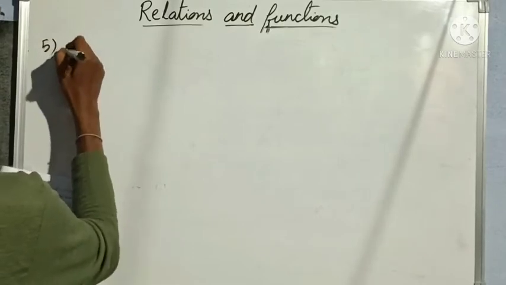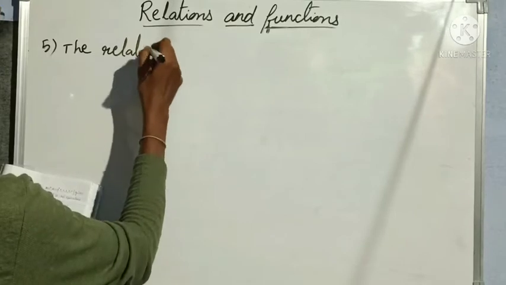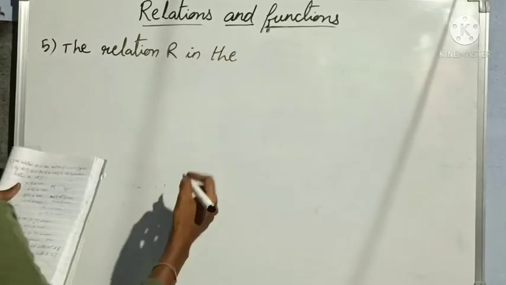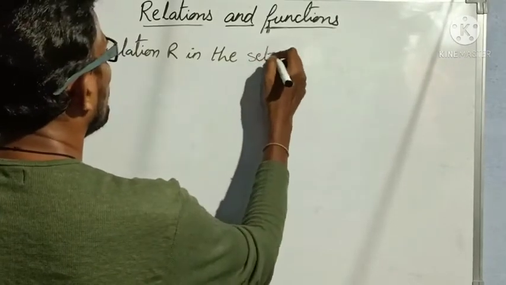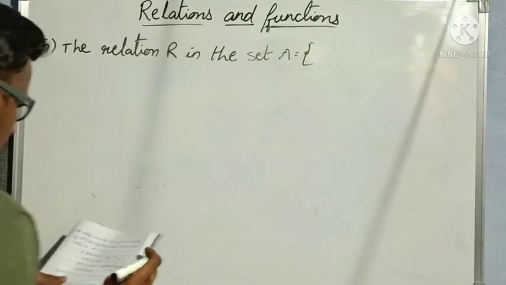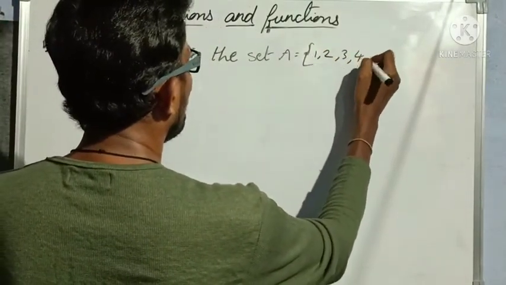The relation R in the set A is equal to {1, 2, 3, 4, 5}.